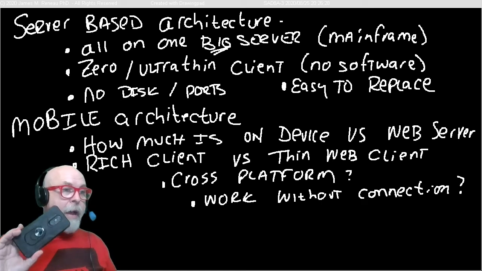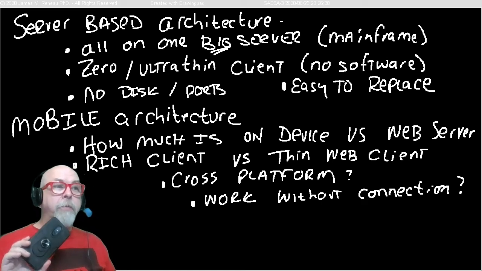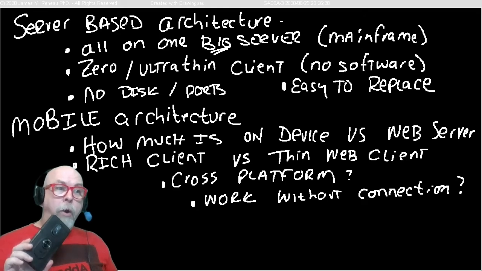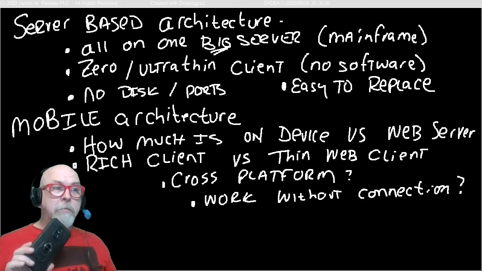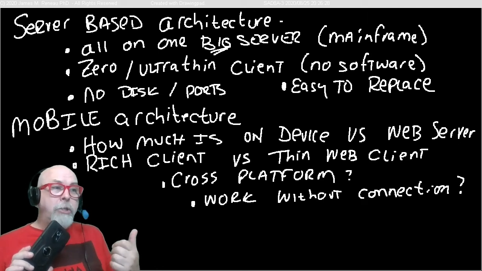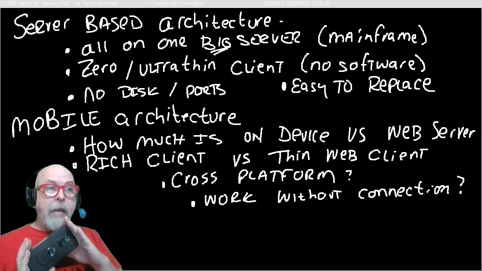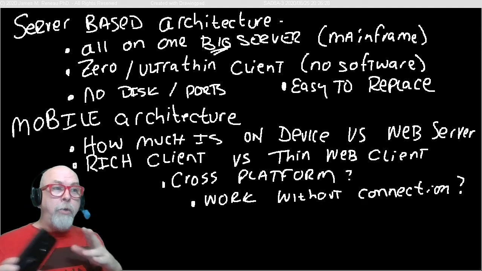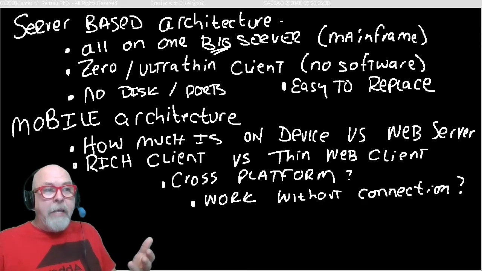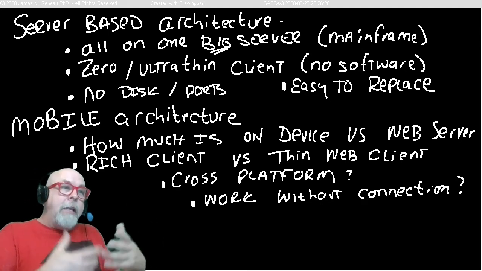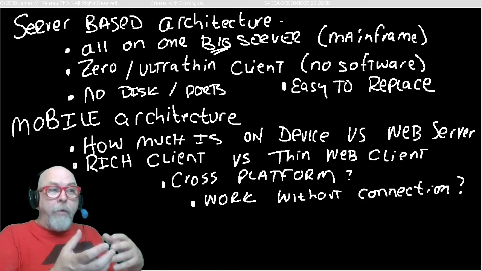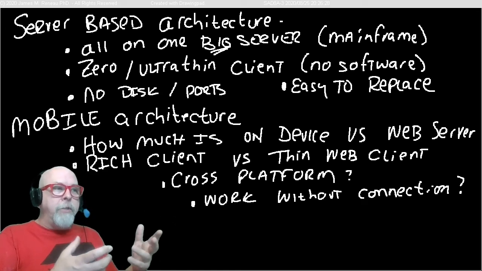Think of some applications you have on your smartphone. Do they work when you don't have cell service? Well, yeah, they do. Okay, so it's a rich client. They've got a lot of application logic here so that you can use it without being connected. And then when you get connected, it syncs up, cleans up the data, downloads the fresh stuff, uploads the stuff.